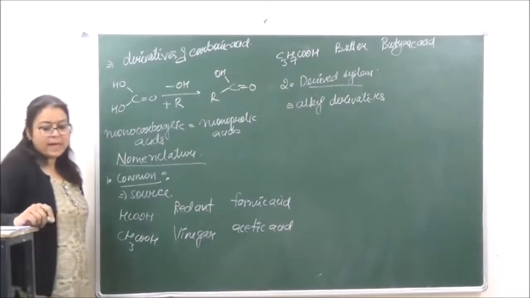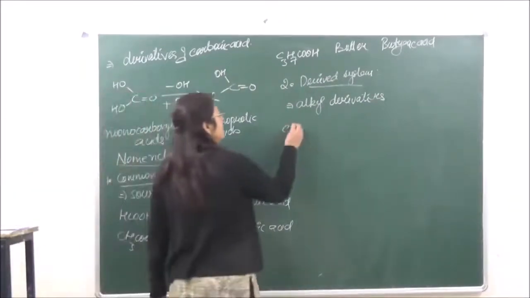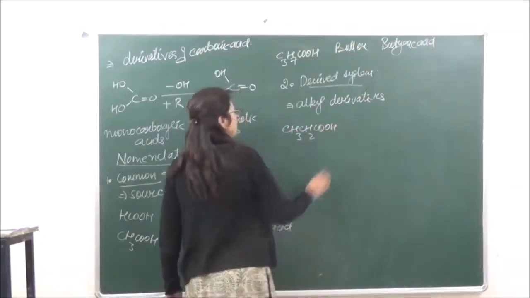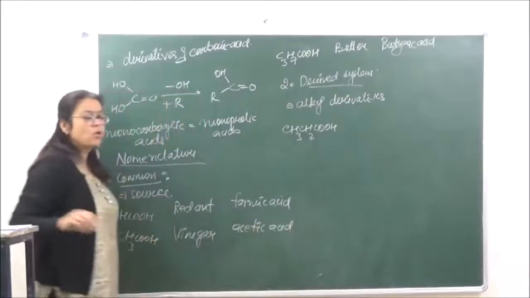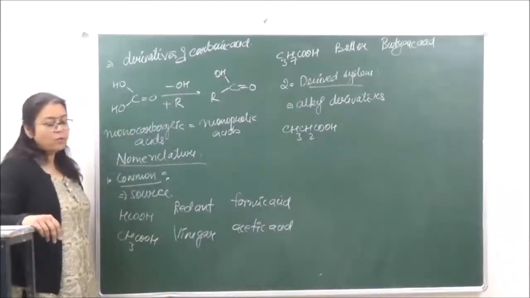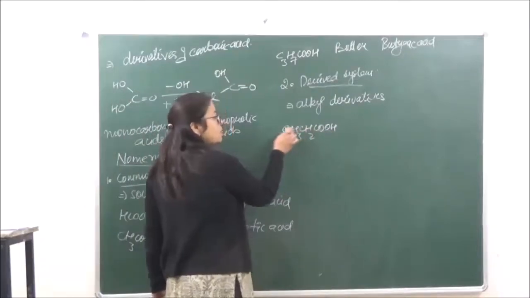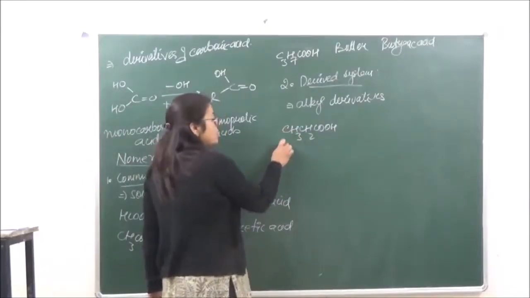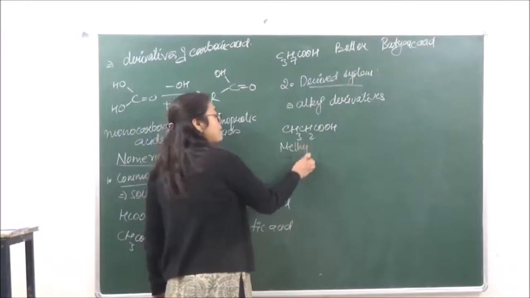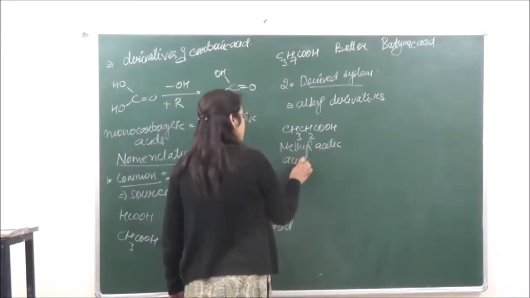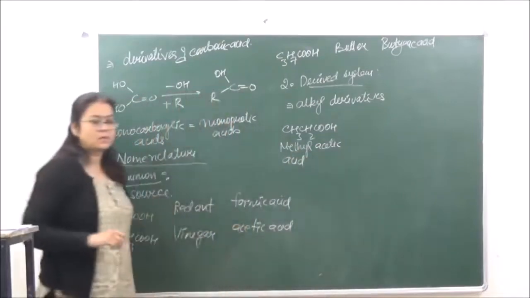For example, we have CH3CH2COOH. Here CH2COOH is the acetic acid, with a methyl group attached, so this is known as methyl acetic acid.